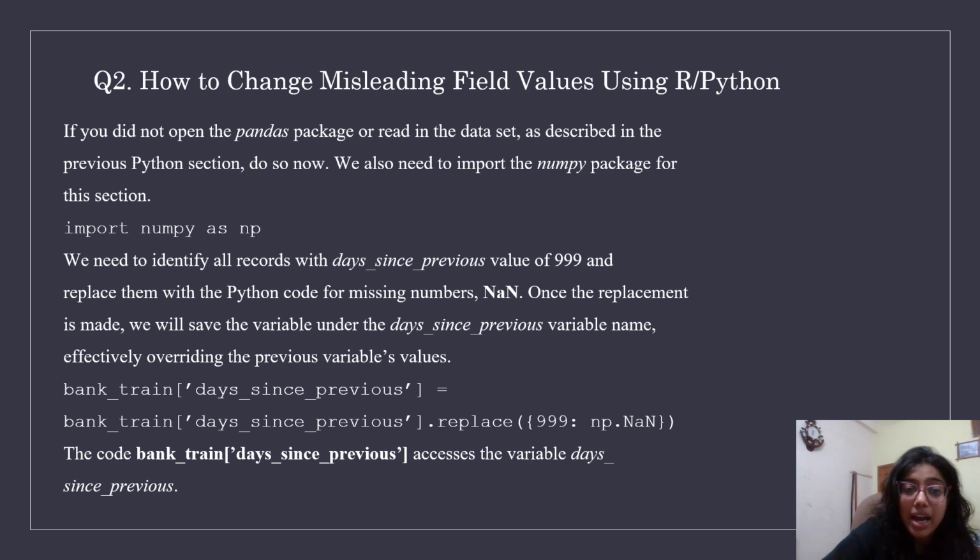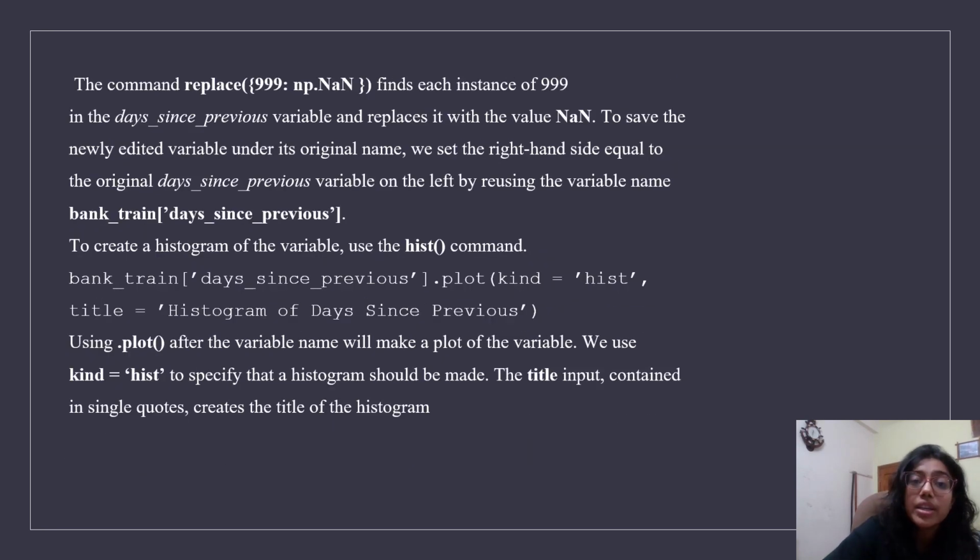So here we can see bank_train['days_since_previous'] is equal to bank_train['days_since_previous'].replace. The code bank_train['days_since_previous'] accesses the variable days_since_previous. The replace command finds each instance of 999 in the days_since_previous variable and replaces it with the value NaN.